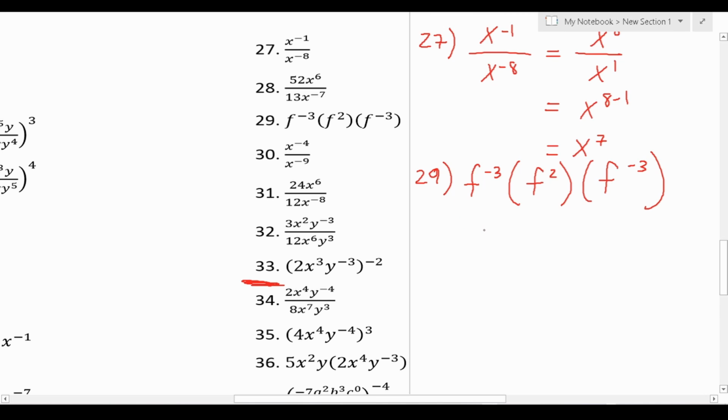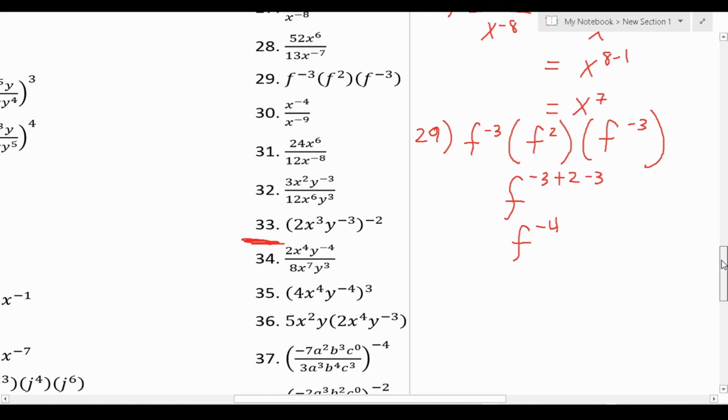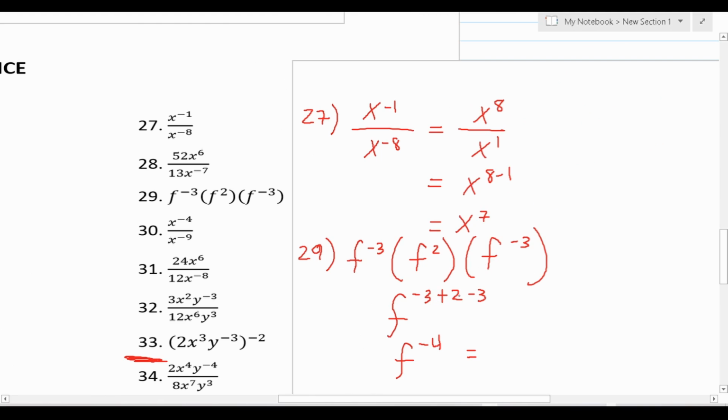So according to the product rule, when you have things that are to the same base, you simply add their powers. So this becomes f, and we're going to add the powers: negative 3 plus 2 minus 3. Simplify, negative 3 and negative 3 is negative 6, plus 2 is negative 4. As we can see, this all simplified to f to the negative 4.